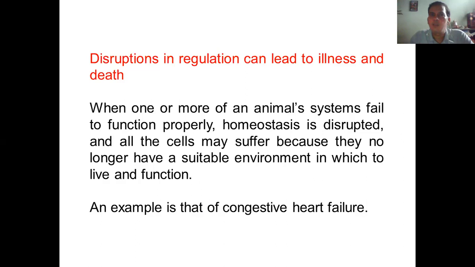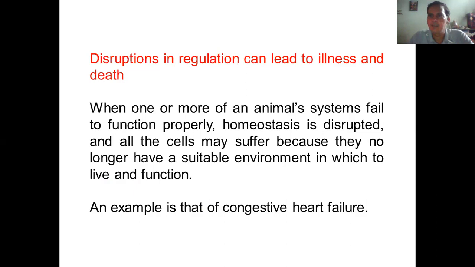And all the cells may suffer because they no longer have a suitable environment in which to live and function. So let's say, for example, if the lungs fail to do their work, they are unable to exchange the gases. Because of that, there will be a higher accumulation of carbon dioxide and less availability of oxygen in the body.